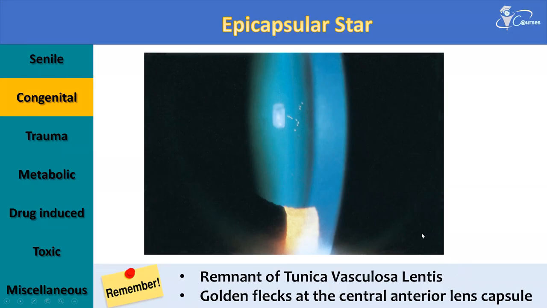This is very important, as I ask in the exams, where is the location, anterior or posterior? The epicapsular star is in the anterior center. The Mittendorf dot is in the posterior lower nasal. Okay.